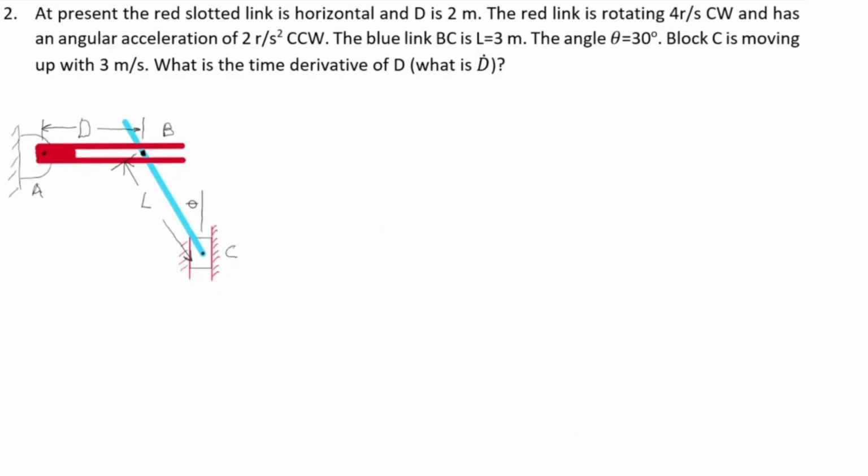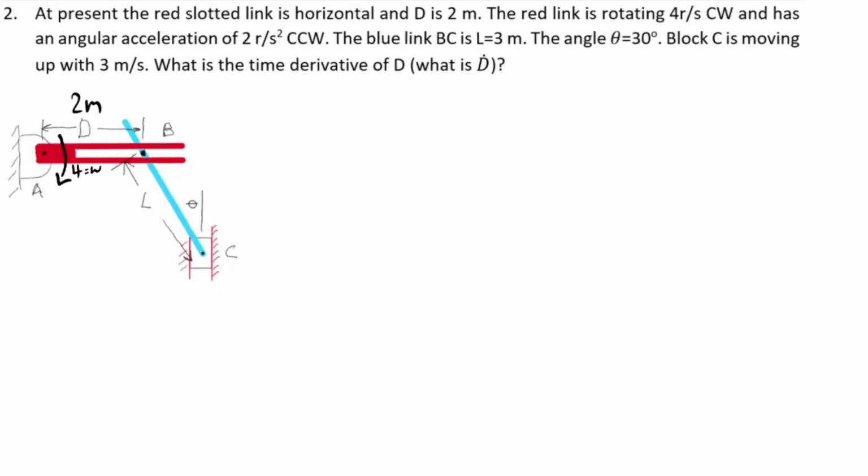So at present, the red slotted link is horizontal and d equals 2 meters, right? So let's just put 2 up there. The red link is rotating at 4 radians per second clockwise and has an angular acceleration of 2 radians per second squared counterclockwise, right? So at present, this thing is going this way at 4, and that is the velocity.